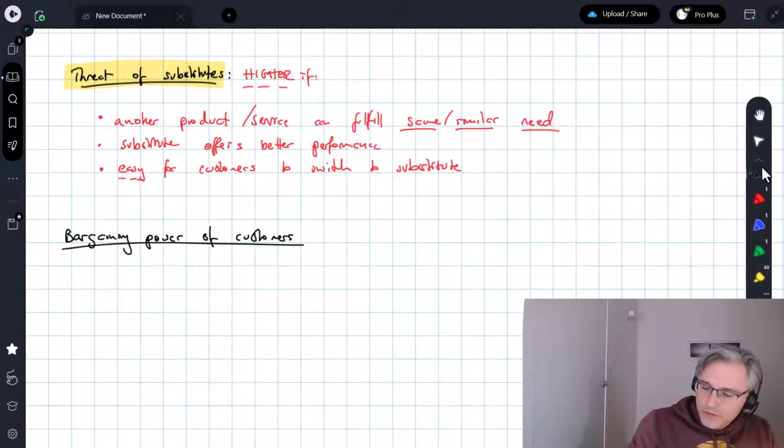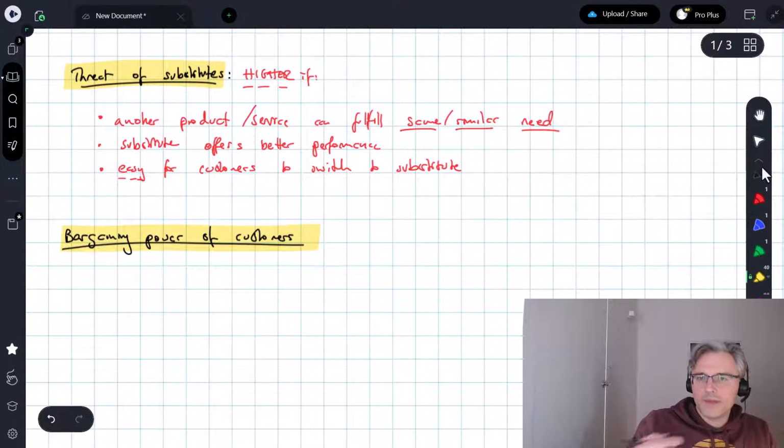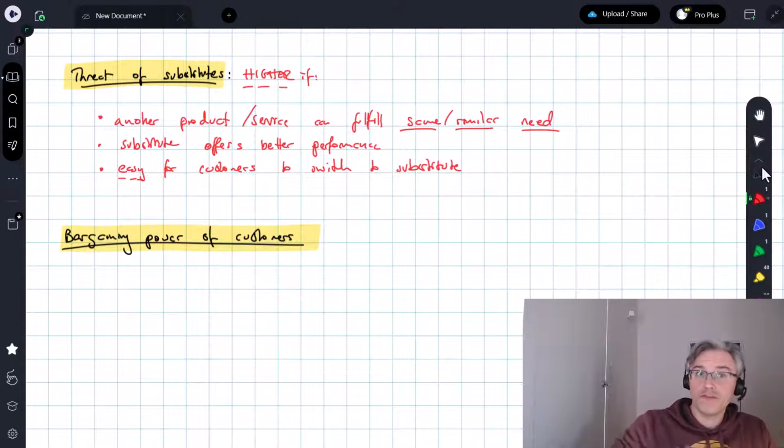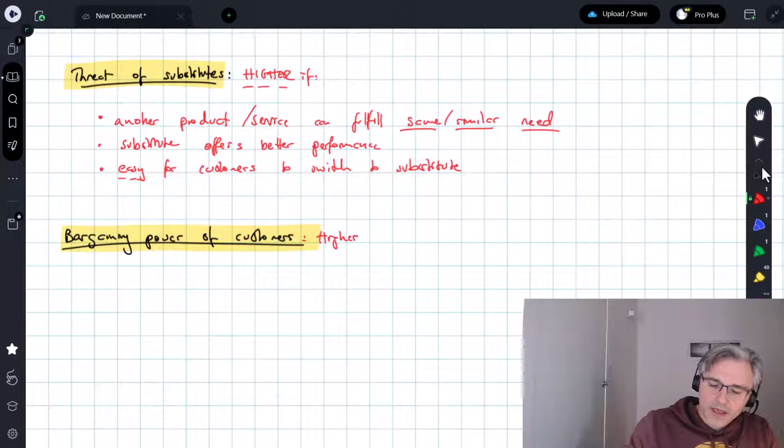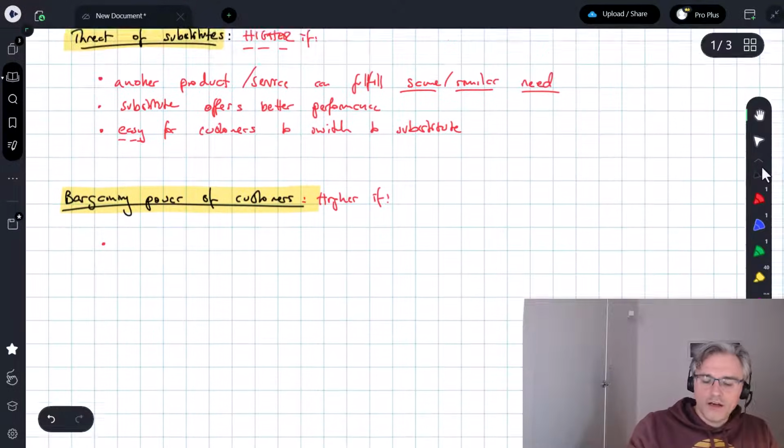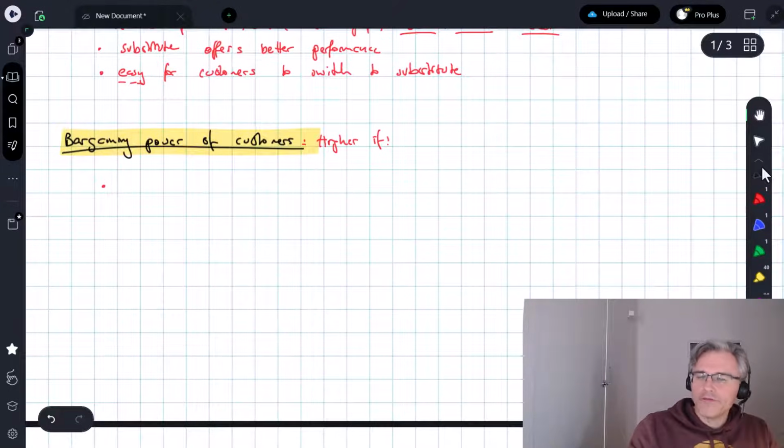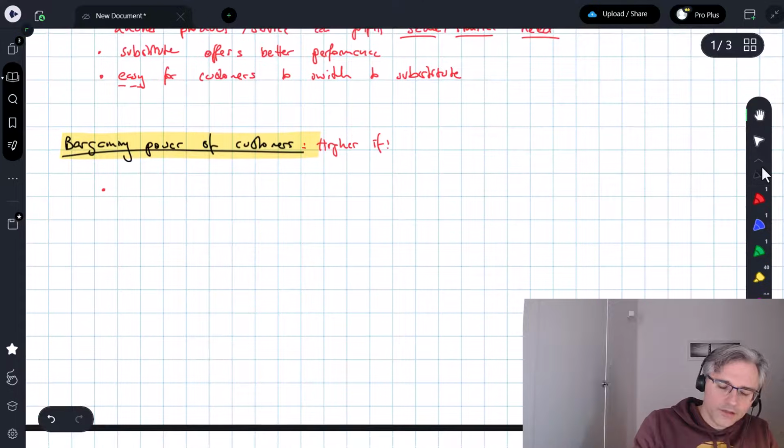Now, from the point of view of a company that's supplying something to customers, you don't want your customers to have too much bargaining power or too much sway. And that bargaining power, once again, is going to be especially high if you only have a few very concentrated buyers.